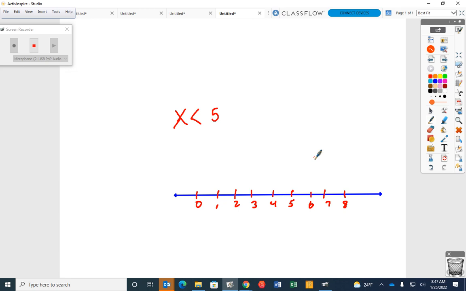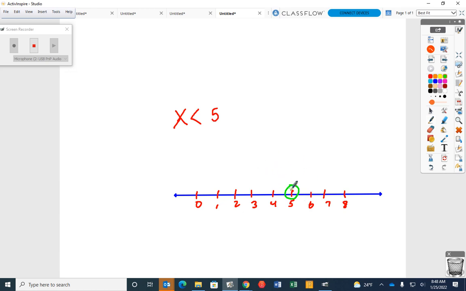Anybody? Okay, Jackson, what am I going to put on 5? Open or closed circle? Open. Do you guys agree? Okay, open circle at 5. Chase, which direction is my arrow going to go? To the left or to the right? To the left. Because everything to the left represents what? Less than 5.